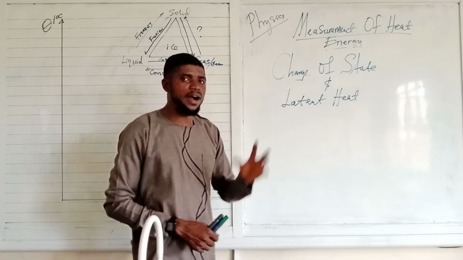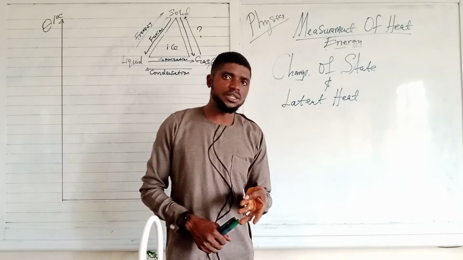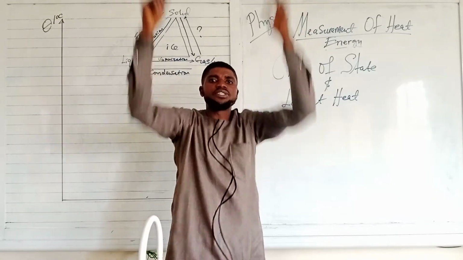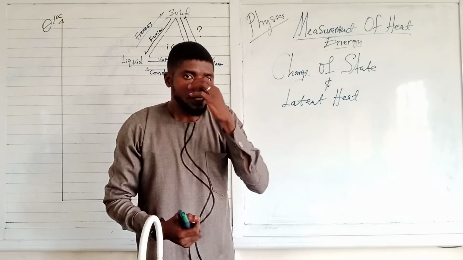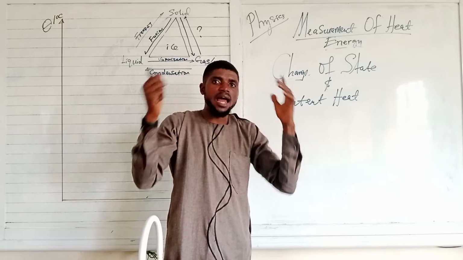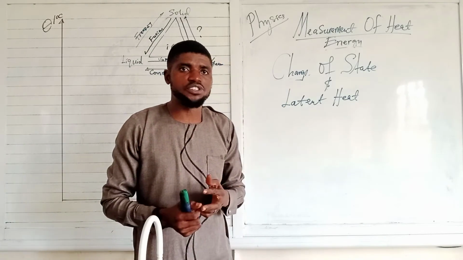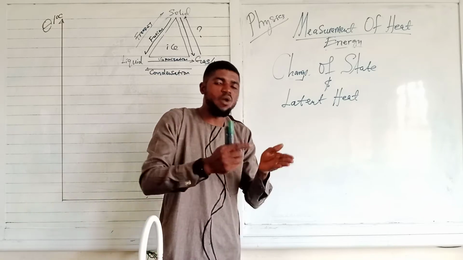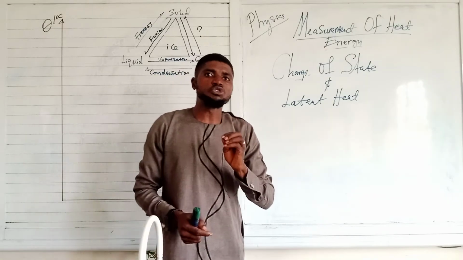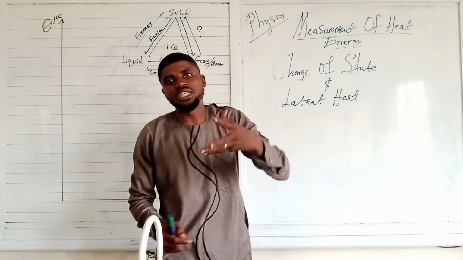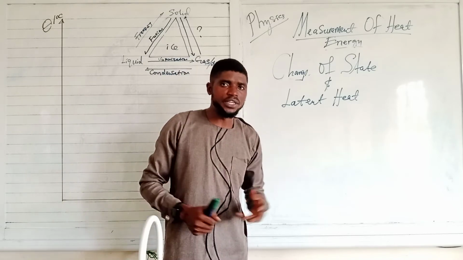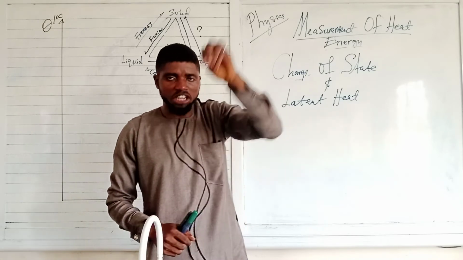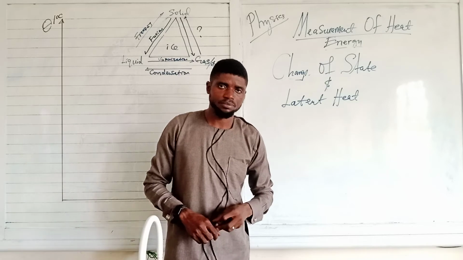Latent heat is defined as the quantity of heat energy that is required to change the entire mass of a substance from one state to another due to the addition or removal of heat energy without a change in temperature.